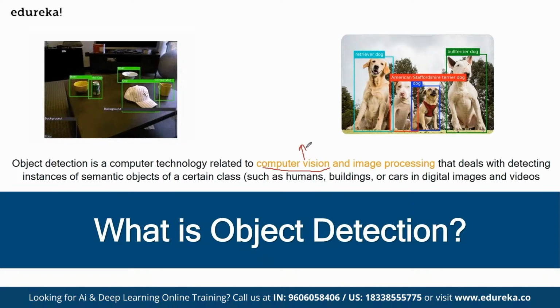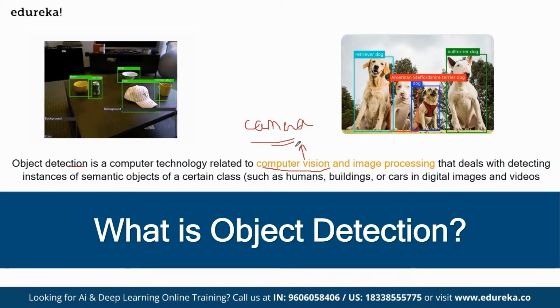Just like we humans see the outside world with our eyes, we enable computers to see the outside world. How can I enable the computers to see the outside world? Exactly, I can enable the computer to see the outside world with the help of a camera.